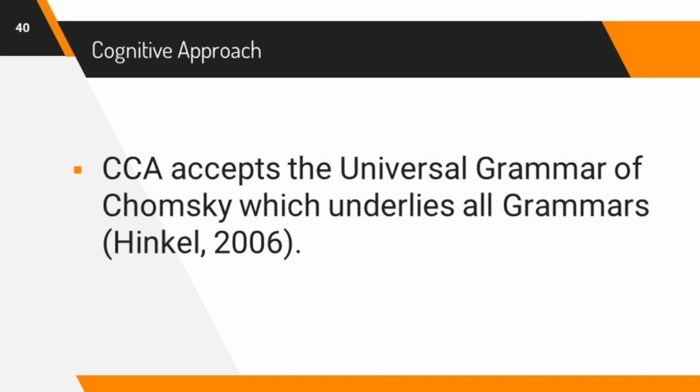Chomsky argued that humans are born with a wired device, which he called the language acquisition device, or the LAD, where UG or universal grammar operates. CCA accepts universal grammar of Chomsky, which underlies all grammars. In the current perspective of second language learning, CCA is largely seen as the updated variety of the traditional grammar translation method with an attendant goal of overcoming the shortfalls of the audiolingual approach.